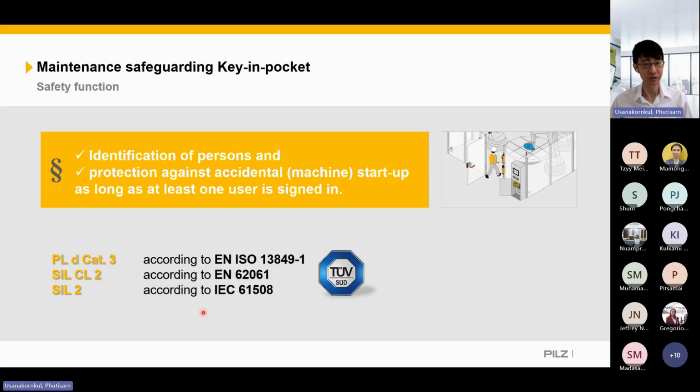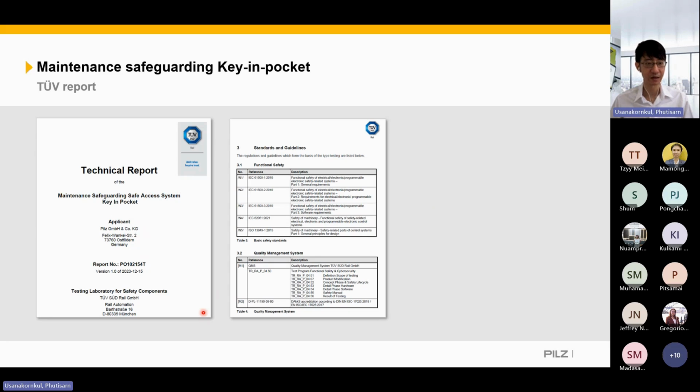Okay, and of course we do have a technical report from the TÜV, and this is actually the world first e-lotto system that had been certified. So previously, of course, you may use the padlock, right? Lockbox, the lotto system mechanical part. And this is the world first electronic lotto system.